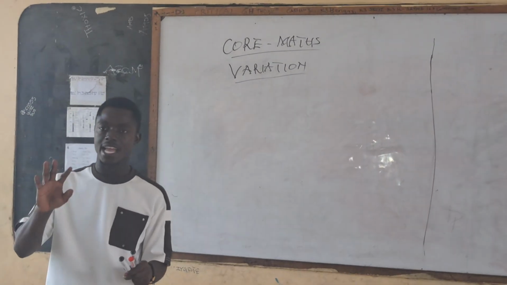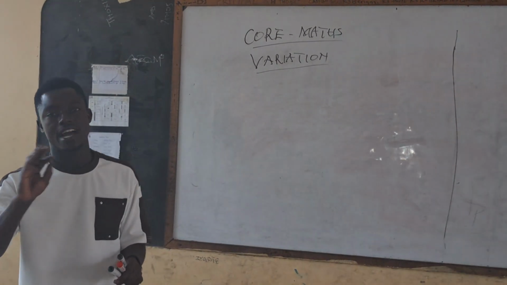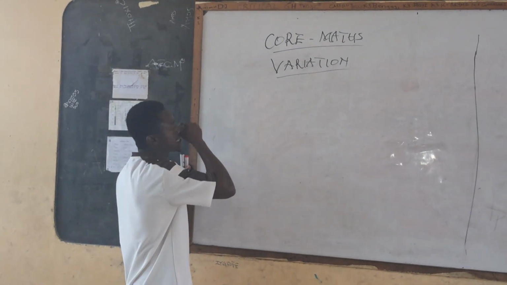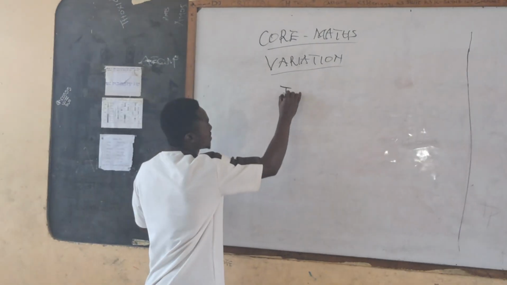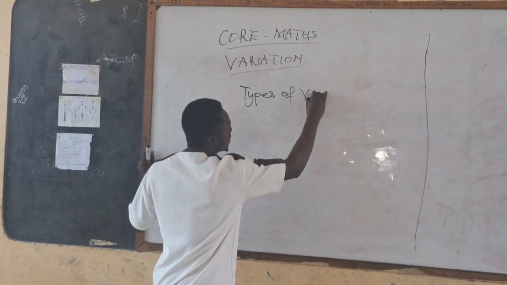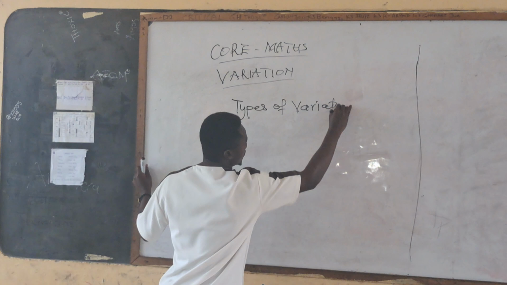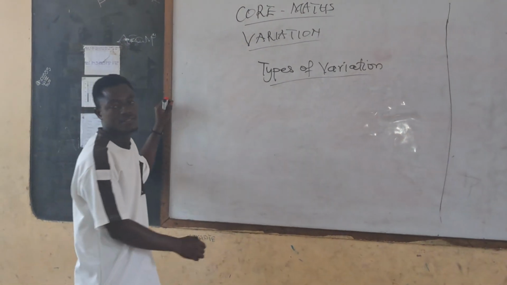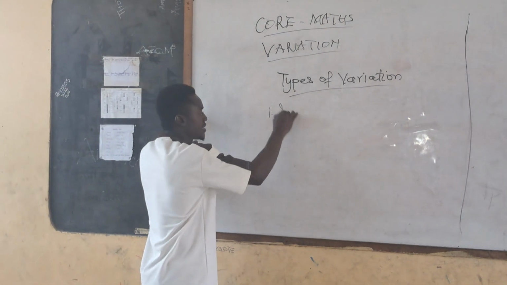We have three types of variation. So let's bring the types of variation. We have one type of variation which is direct.